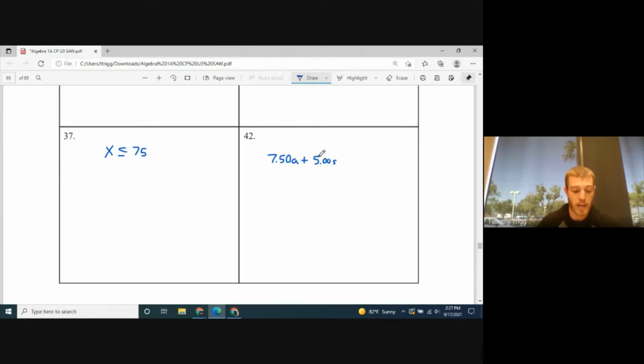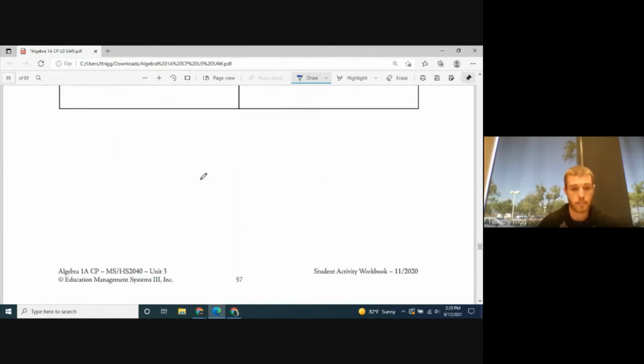And so they want to bring in at least 4,500. So the amount of money they're bringing in needs to be greater than or equal to 4,500. So this is the inequality they're looking for. So that would be D in this case. You can see the answer choices there. D is the correct answer.